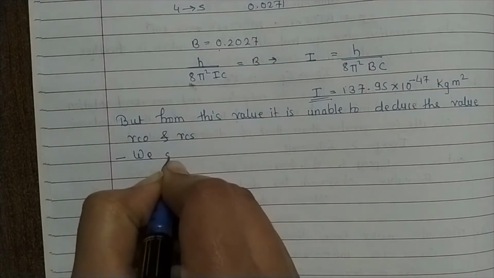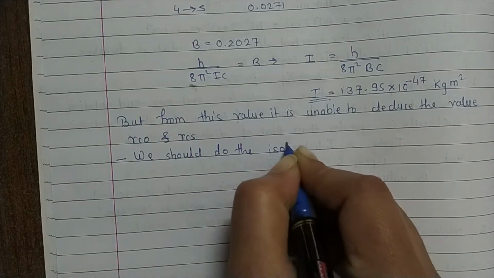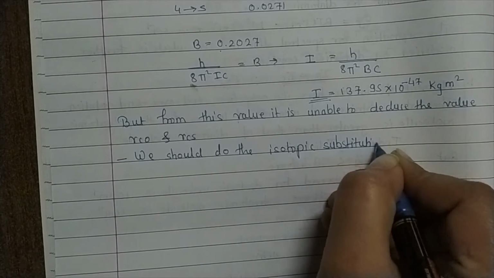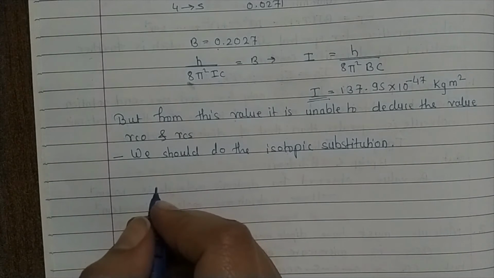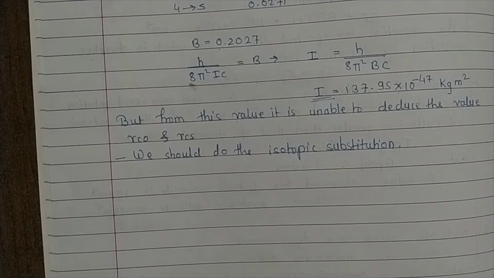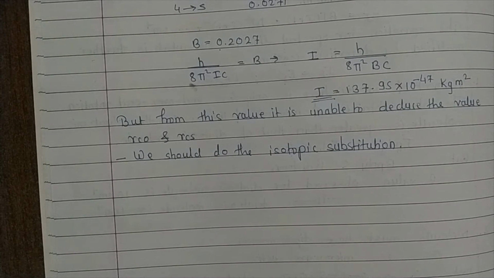We should do the isotopic substitution. That is, when we replace it by its isotope, we will get two values of I, that is I and I dash, and by comparing the value of I and I dash with the value of R, we will get the value of internuclear distance.